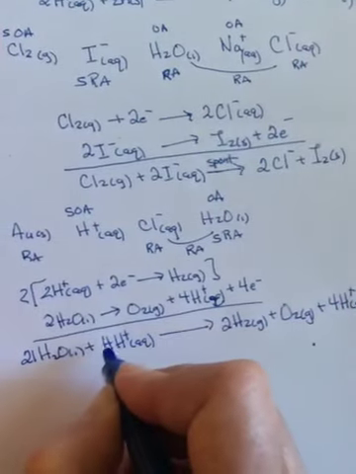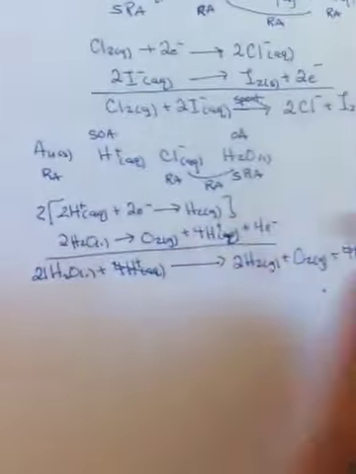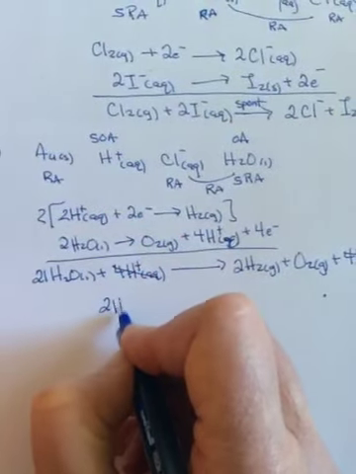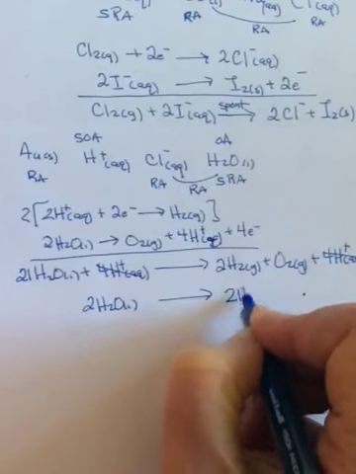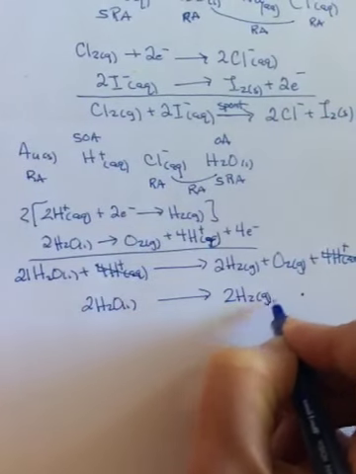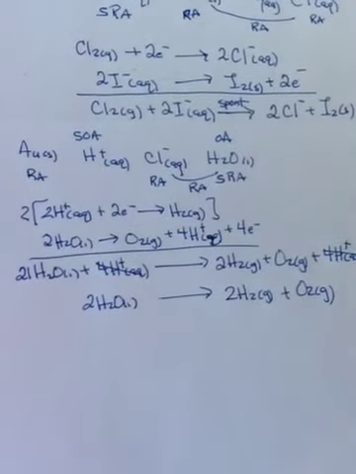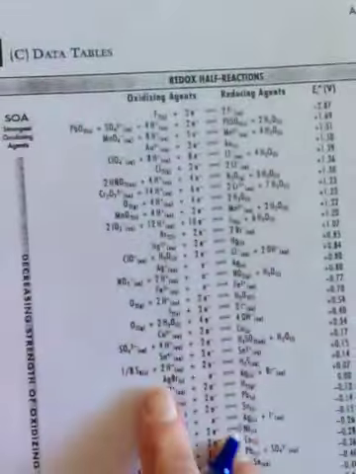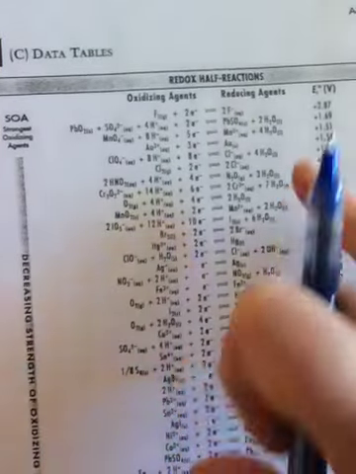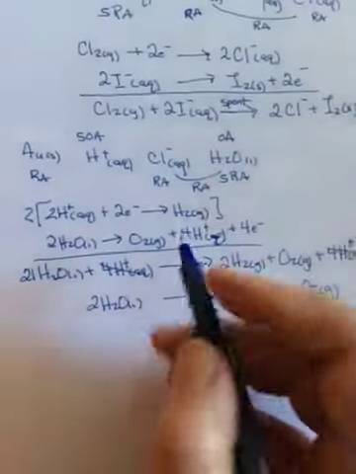Now look, 4H+ aqueous and 4H+ aqueous, you can cancel those out. So what you're left with is 2H2O liquid going to 2H2 gas plus O2 gas. And then you have to check to see if it's spontaneous. So here's the H+ and here's the water. The RA is above the OA. It is non-spontaneous.